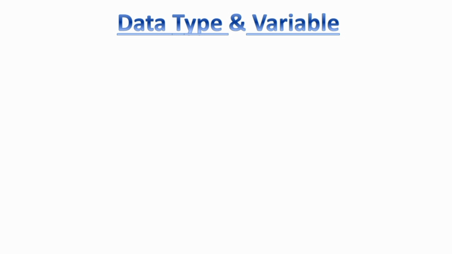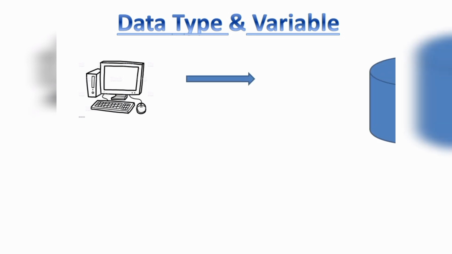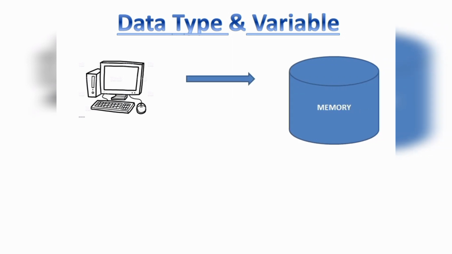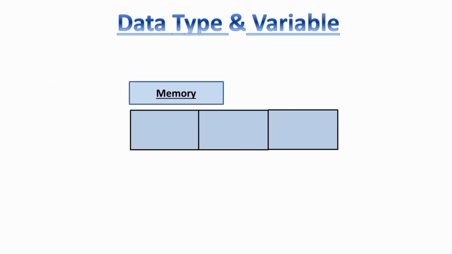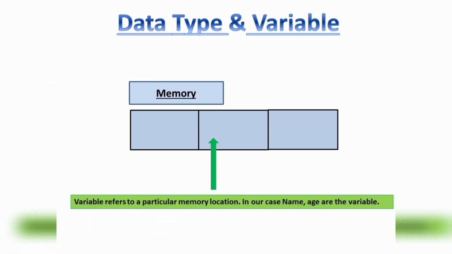Similarly, if we want to store data in a computer, its memory comes into the picture. So, a variable is that particular memory location's name where we will store the data we want to store.